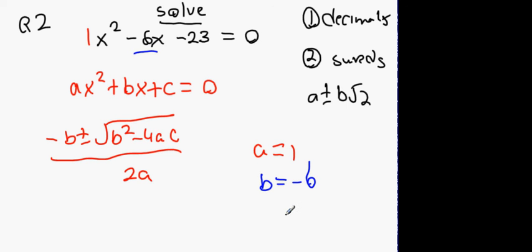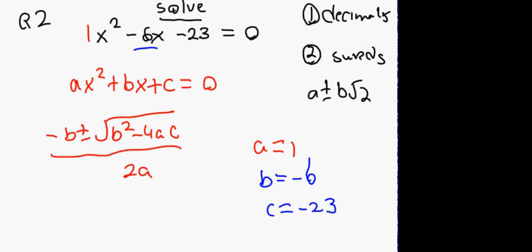C, minus 23. Now, what I'd really like to see from you guys is letting the calculator do the majority of the work for this. Okay? Because you're making a lot of easy mistakes on your own. Well, if you just learn how to type it into the calculator, the mistakes simply can't happen. So I'll show you now how far you need to go.